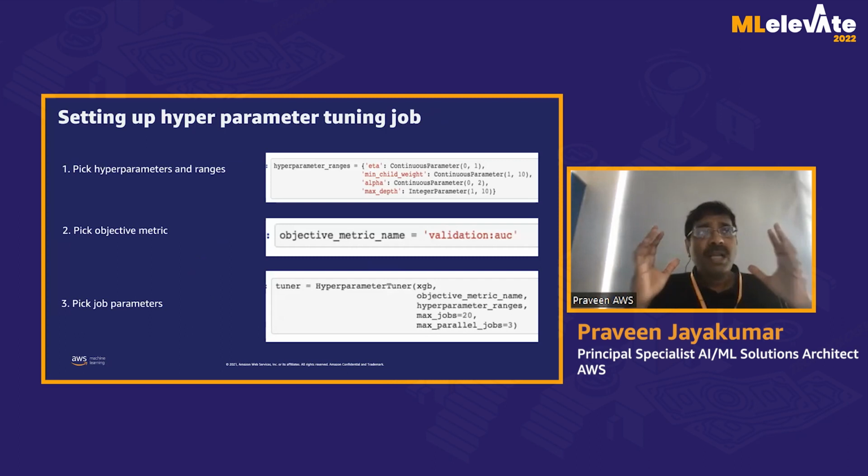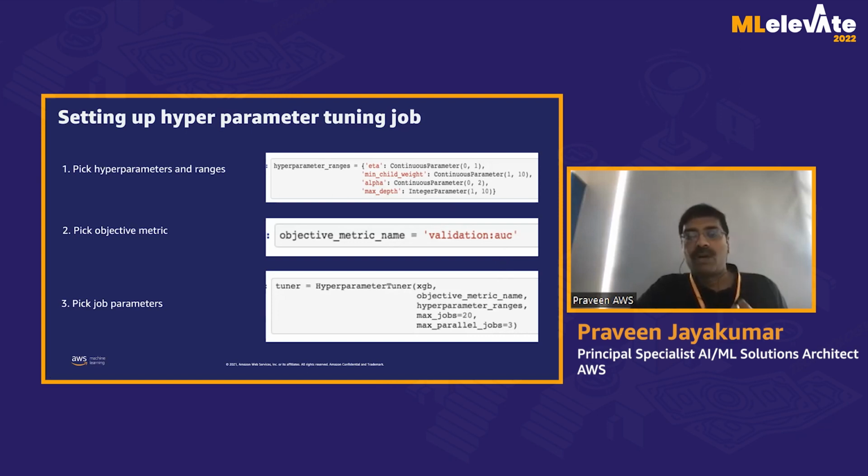From your code perspective, you say which hyperparameter ranges you want to use. In this case, they have specified ETA, max depth, and alpha, since it is a decision tree algorithm, and you can specify the range of these parameters. Then you tell us the metric you want to tune on. Here they want to tune on AUC, but you can also define a custom metric.